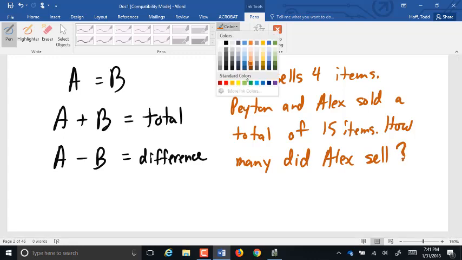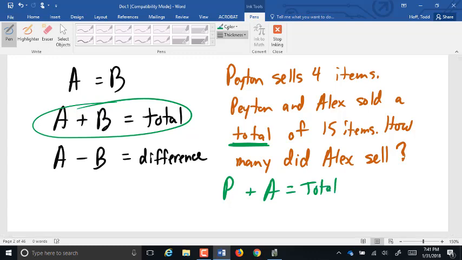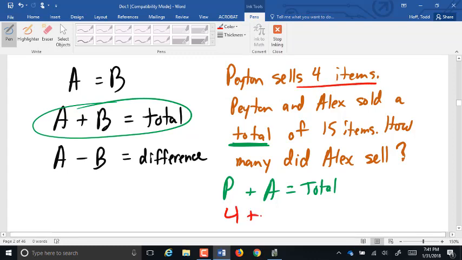This is an example of the second type here. We're looking at a total. And this problem even has that nice word in there, total. Peyton sales plus Alex sales equals a total of some sort. Do we know Peyton's sales? Yeah, 4 items. Do we know Alex's sales? No, that's what we're looking for.